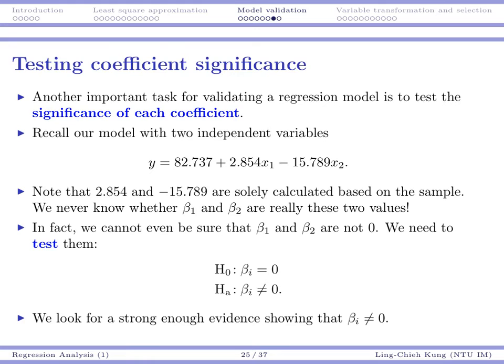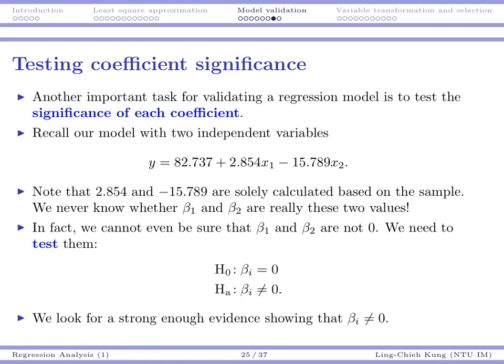So we need to test them. We need to form a hypothesis test to test whether beta i is zero. If we plug in numbers and see that our beta hat i is somewhat close to zero, then we will be unable to reject H0.